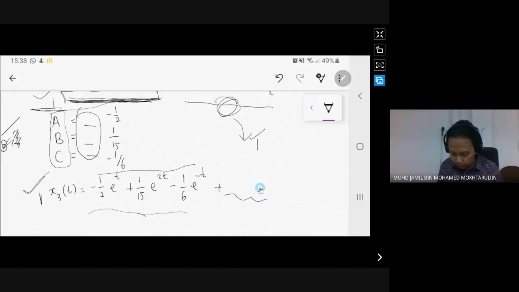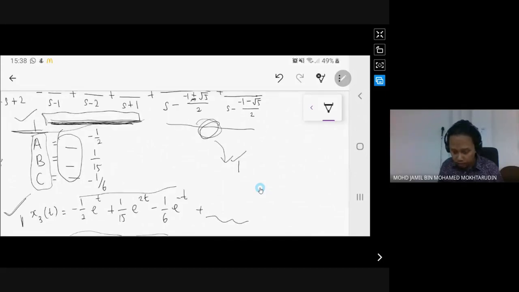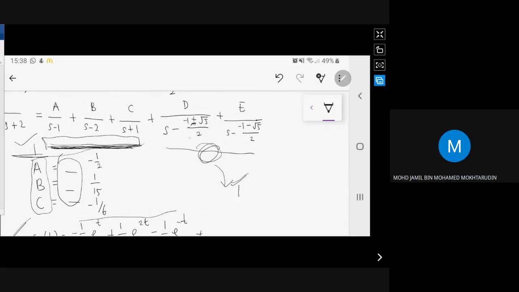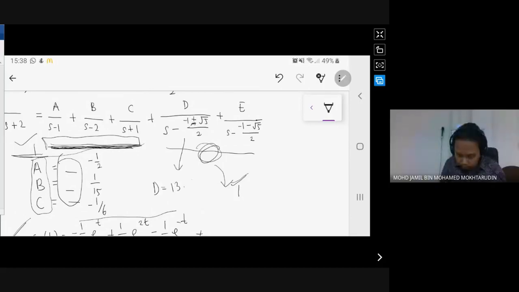And 1 mark for finding the remaining two, D and E. So for D and E, calculate yourself what the values are. I think D is 13.09, E is 1.91.